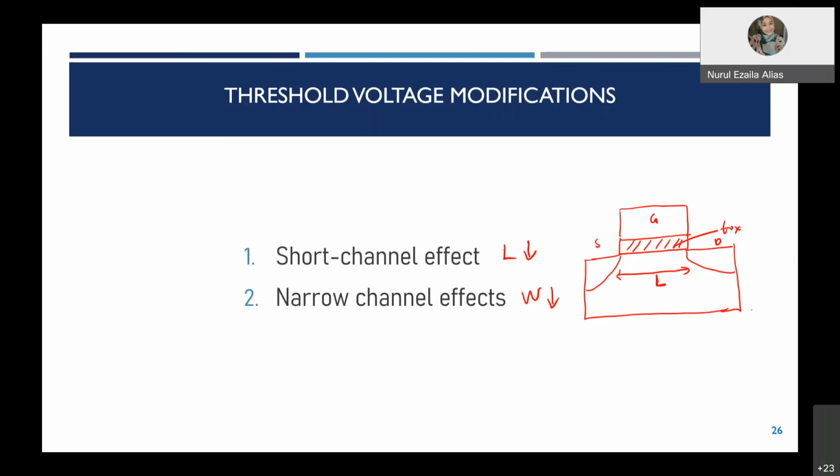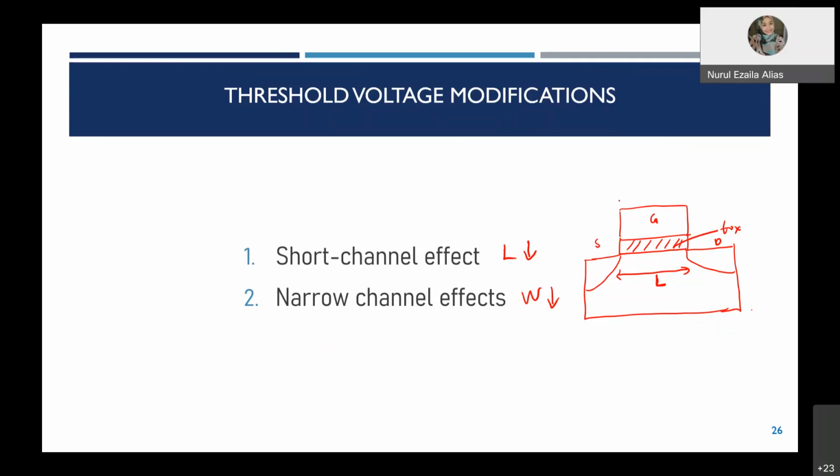The on current may reduce, and the off current or leakage current may also increase. The subthreshold swing may also be affected. The most important effect here is that drain induced barrier lowering may also be affected due to the short channel. So this is the short channel effect, the effect of reducing the gate length.